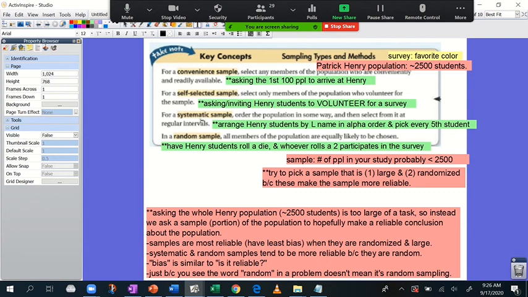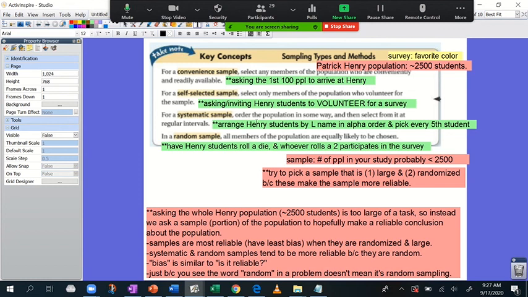A systematic sample is not that hard to understand. Let's say you arrange all Henry students by last name in alpha order, A to Z, and you pick every fifth student. That's pretty randomized. It's not the most randomized because there's some order to it, alphabetical order, but it's kind of randomized because you're picking every fifth student.